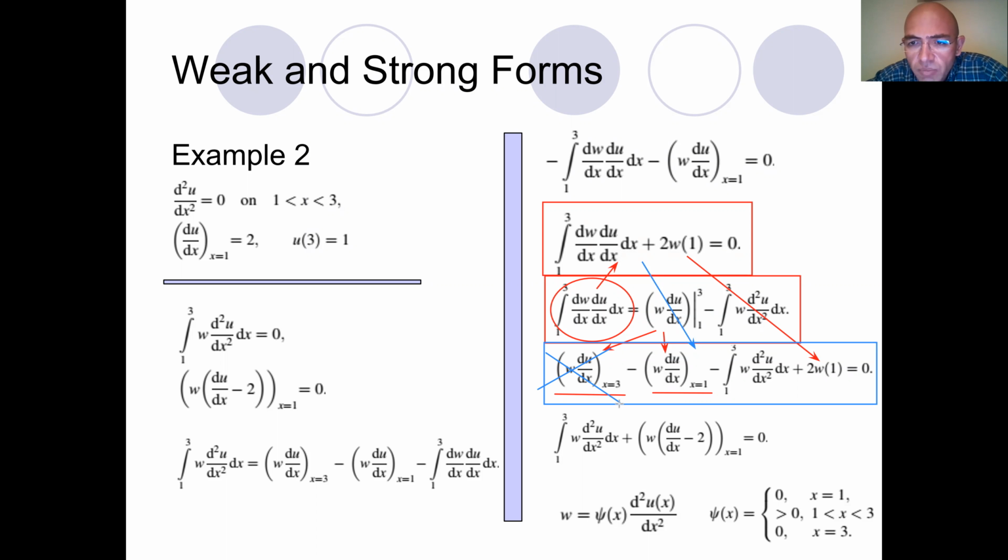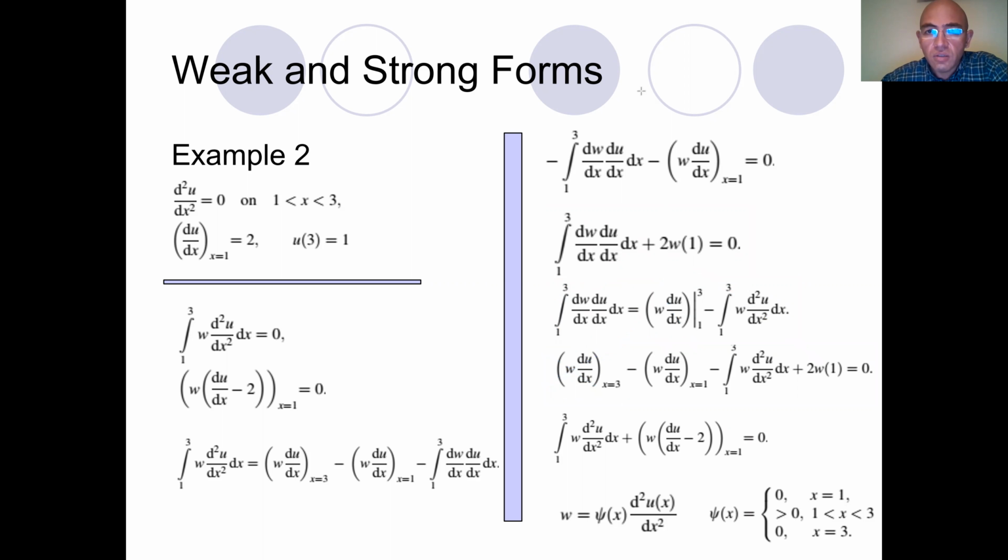And then if we simplify this expression and multiply the whole expression with minus 1 again, in order to avoid the sign confusion, we arrive at this final equation.